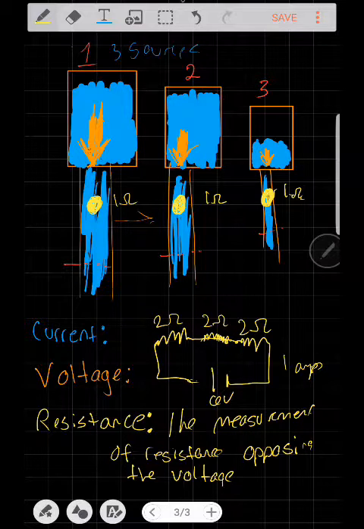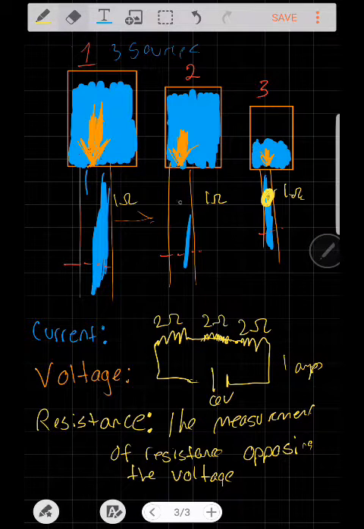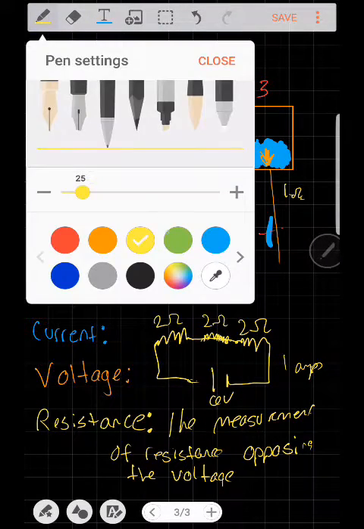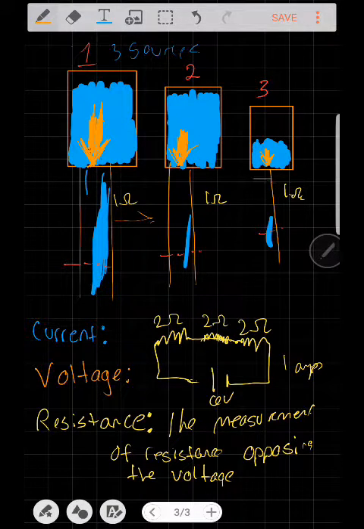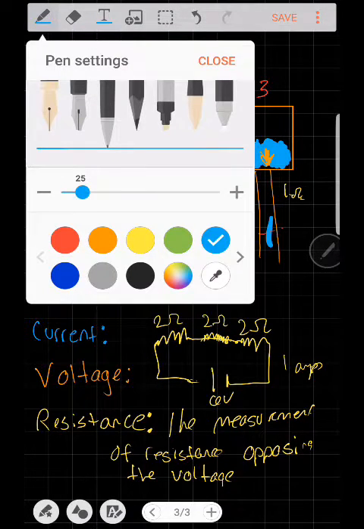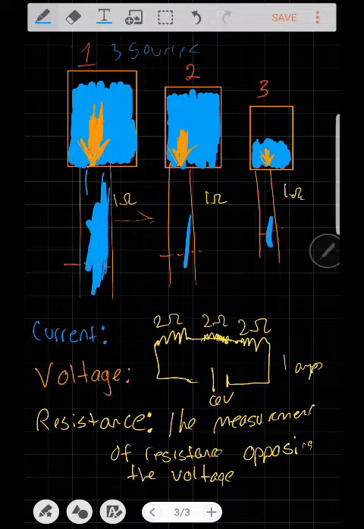So what would happen here if I took away these, let me draw those back there. Instead of having such small resistors, what if I made them bigger? And specifically, what if I made them bigger in this one right here?